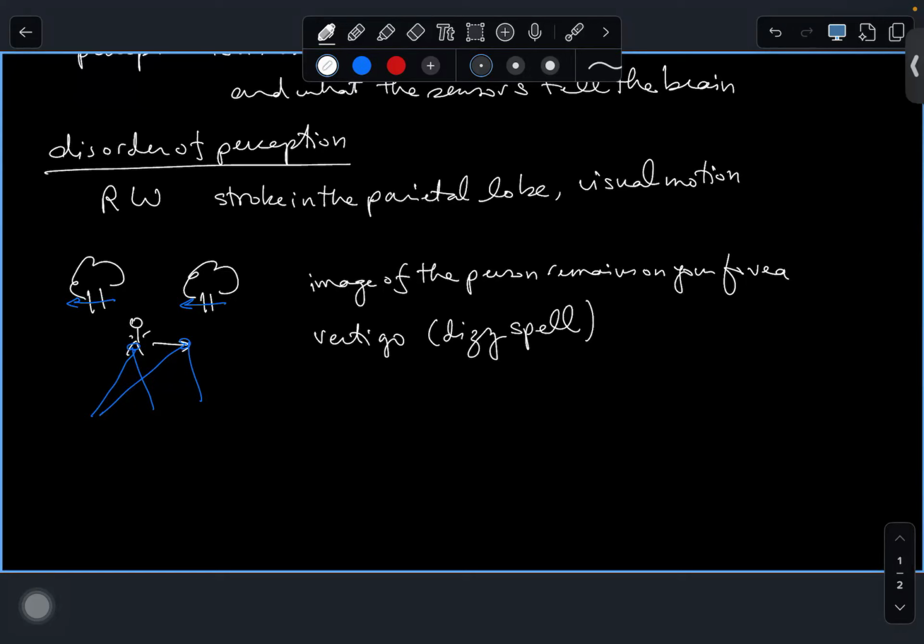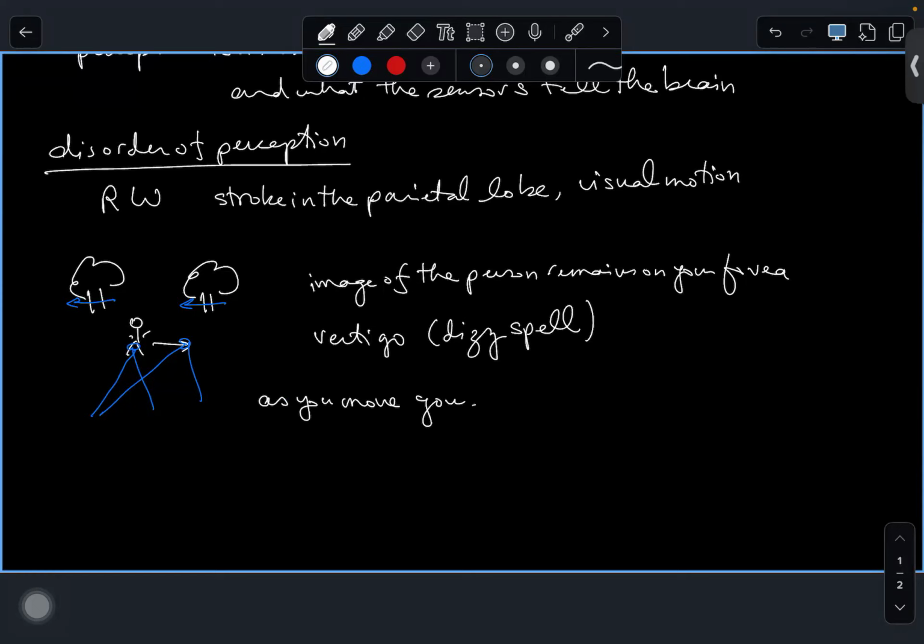So as he watched this individual walk, he was perceiving indeed the trees going backwards, not the person walking forward. And this would cause great distress in him. He would get dizzy. And this is why he went to see the doctors, and they noticed that he had this lesion.